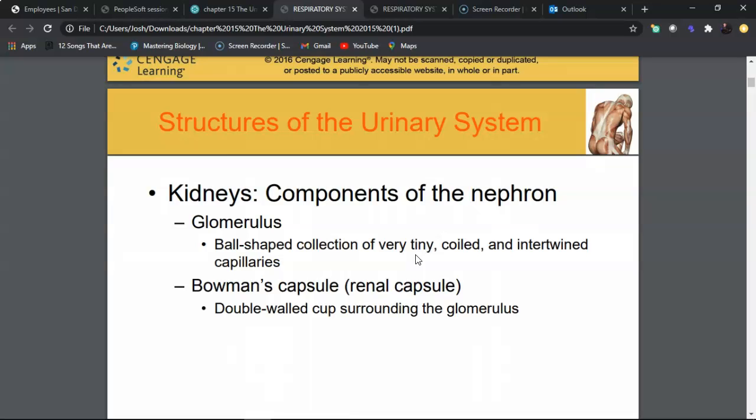That filtration process is made up of two components. The first one is the glomerulus, and the glomerulus is a very tiny, coiled and intertwined ball of capillaries that allow movement of some components through that filtration process, while others are reabsorbed.